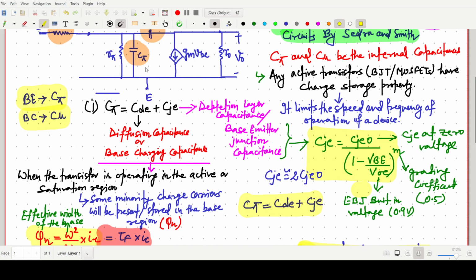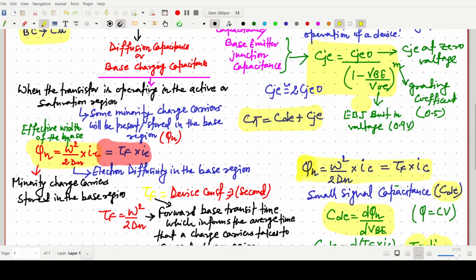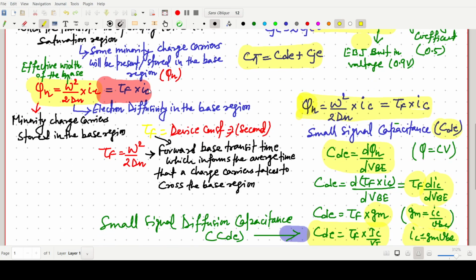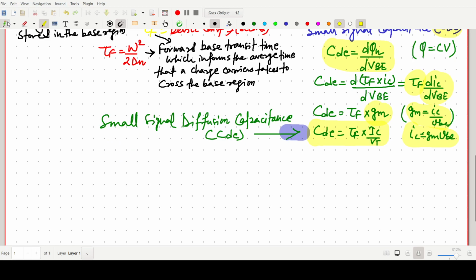So mainly in the book, we have to just focus on the numericals. For solving numericals, we have to take this one as C pi between base and emitter. Okay, so this is all about the first capacitance, C pi. Now next we have to think about C mu.